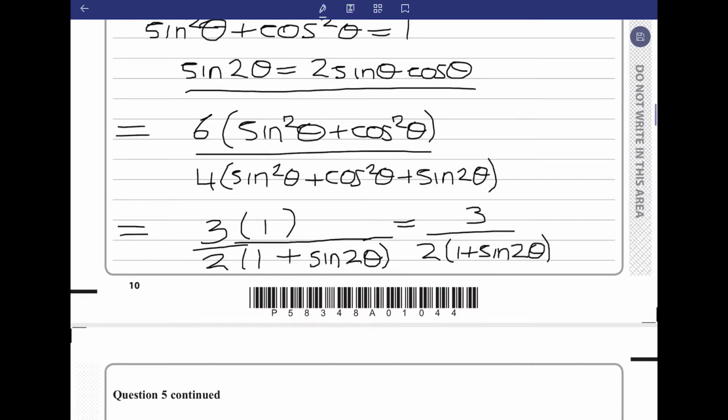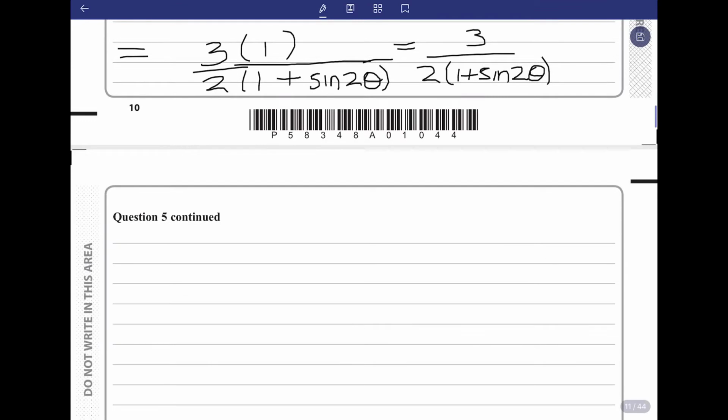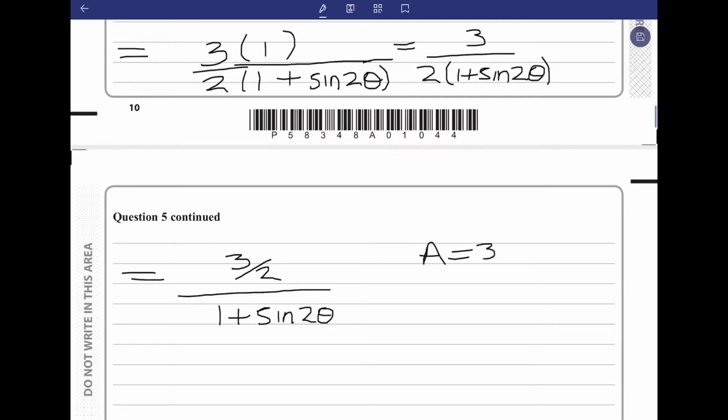I'm going to go on to the next page here. So all we have to do now is divide by 2 on top and bottom. And this gives us our final answer of 3 over 2 over 1 plus sine 2 theta. So our constant we had to find was 3 over 2. That's the final answer for this one.